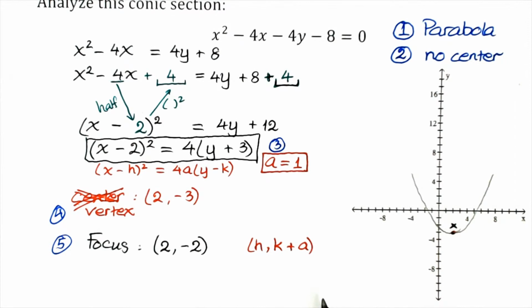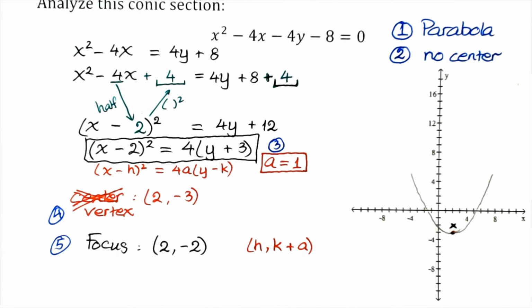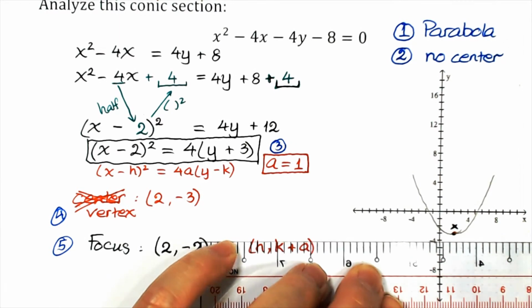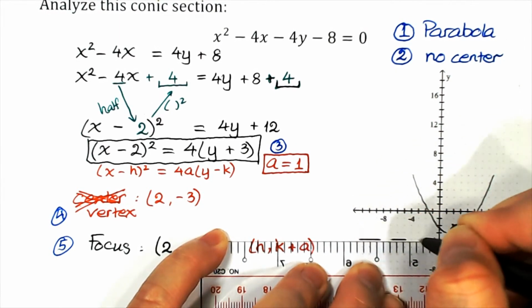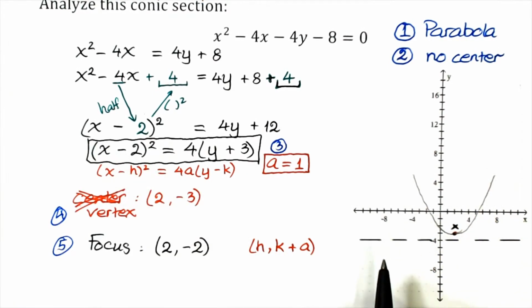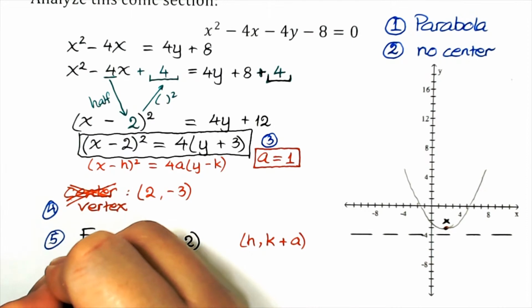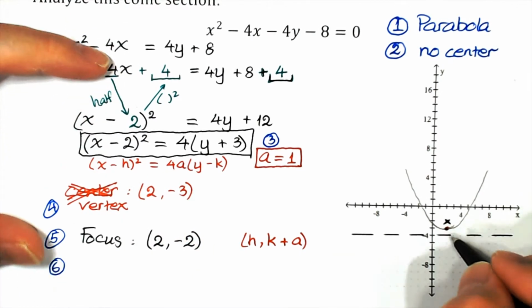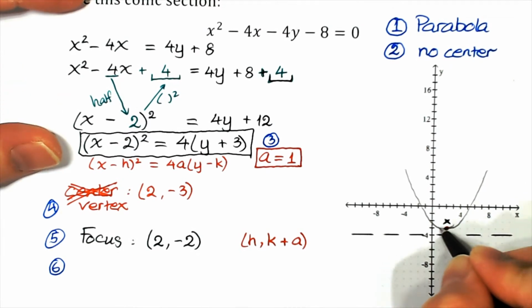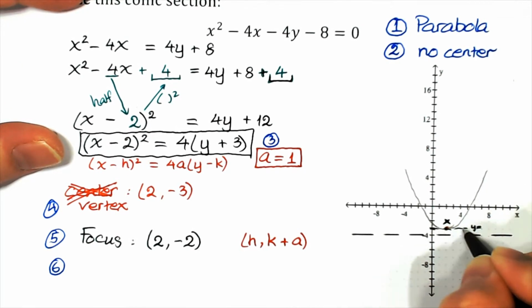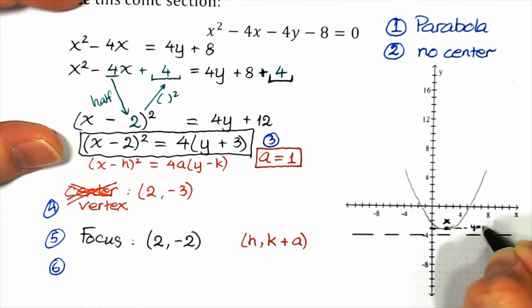The directrix is opposite from the focus. It's going to be this line. So if we go 1 up for the focus, we're going to go 1 down for the directrix, always the opposite direction. The y value here is negative 3.